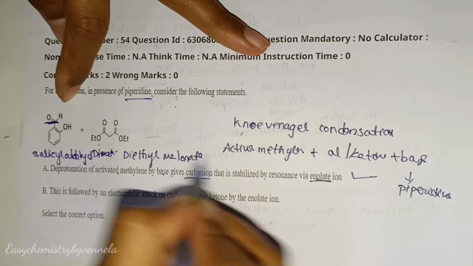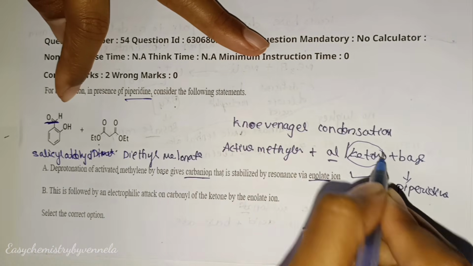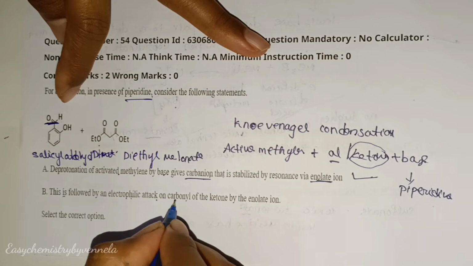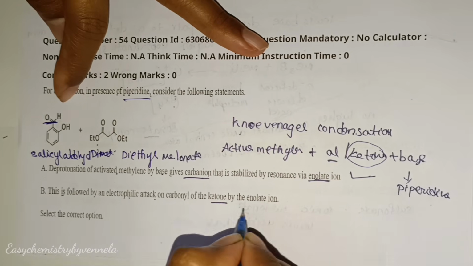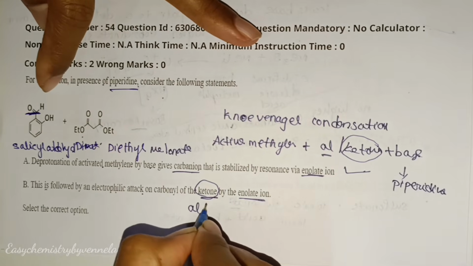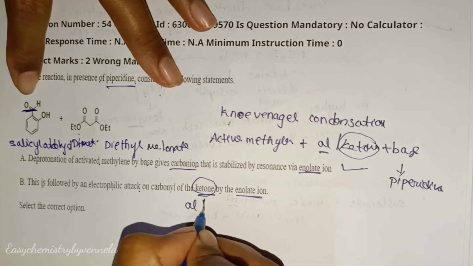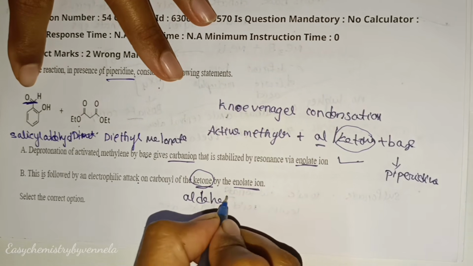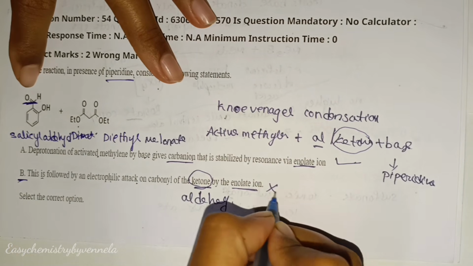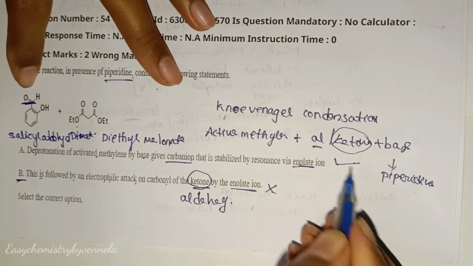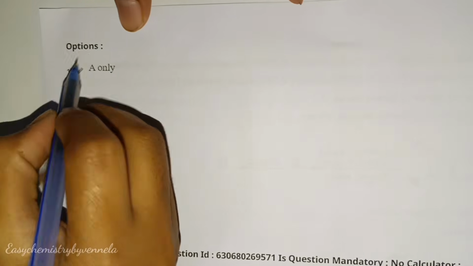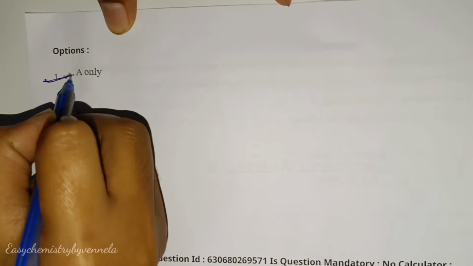Here aldehyde is present but not ketone. See the second option. This is followed by the electrophilic attack on carbonyl of the ketone by the enolate ion. Not ketone. This is aldehyde. CHO group is present. So that is why aldehyde is present. So second statement is the incorrect. First statement is the correct. So see the options here. First option is the correct one.